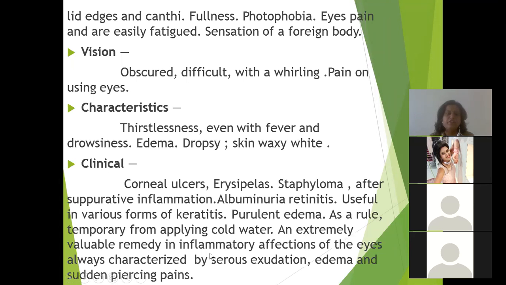An extremely valuable remedy in inflammatory affection of the eyes, always characterized by serous exudation, edema, and sudden piercing pain.